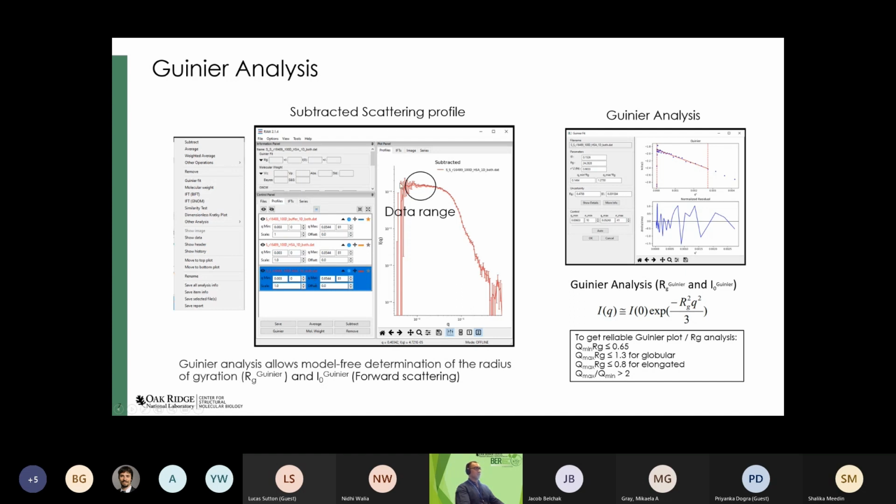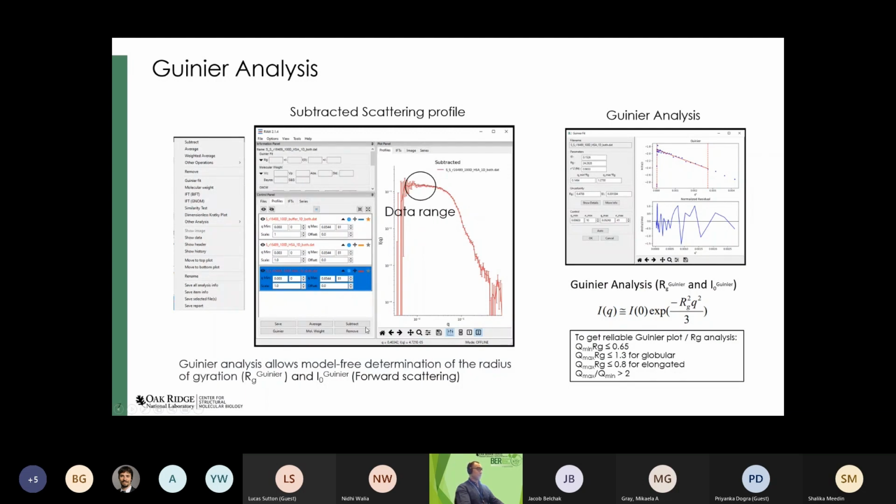The region of interest is the low q region, that is the data range that we have to look at. And like I said, the data cannot turn up in the low q, because that is a suggestion that we have aggregation in your data.